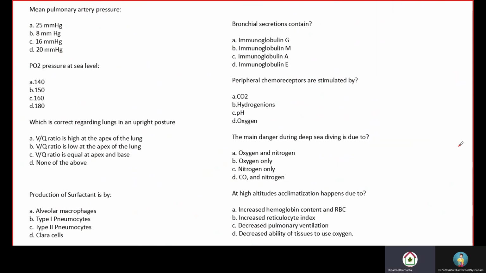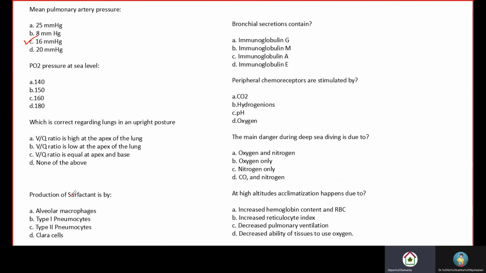Okay, next we will go to some respiratory physiology. Mean pulmonary artery pressure is 16 mmHg. Pulmonary artery systolic pressure averages about 24 mmHg and diastolic 8 mmHg.